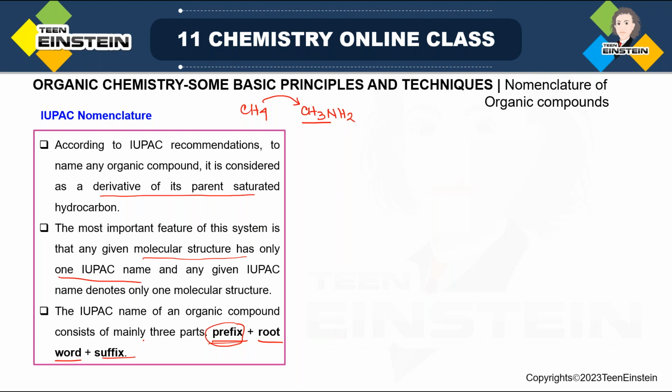Under prefix there are two types, 1 degree and 2 degree, which you can also call primary or secondary. And for suffix also there are two types, 1 degree or 2 degree.